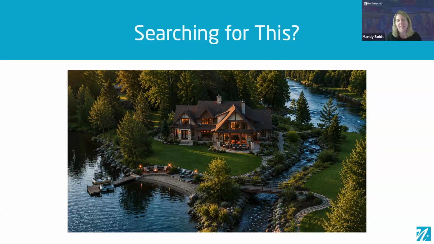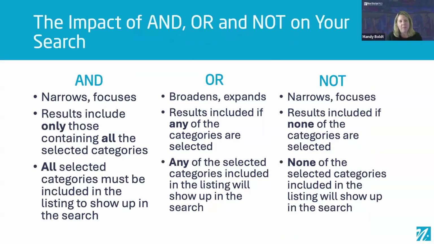And if you want to go to the next slide, Hannah's touched on this a little bit too, but just a reminder, and this is not just for waterfront types, but all of the categories that you see this in Add Edit, Matrix and Flex MLS. So keeping that in mind, the and is going to narrow and focus.